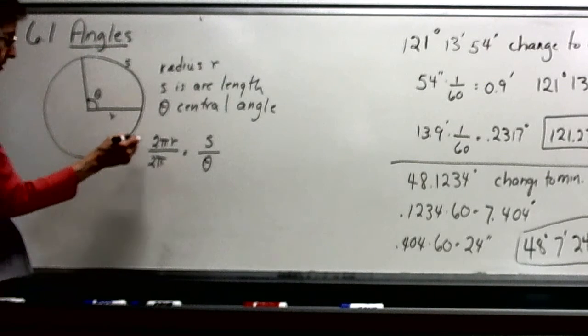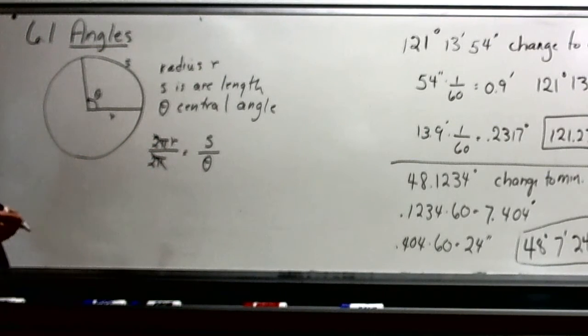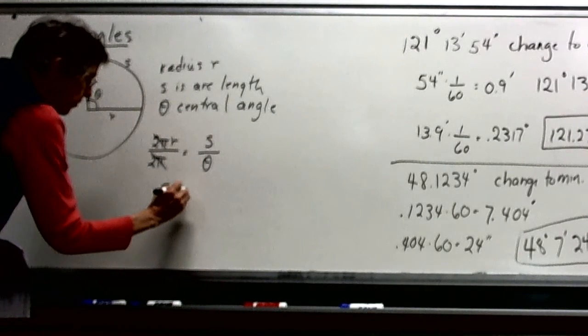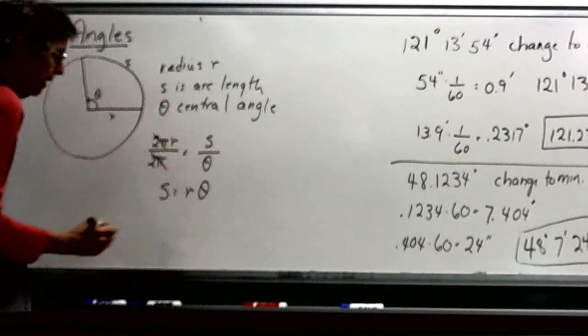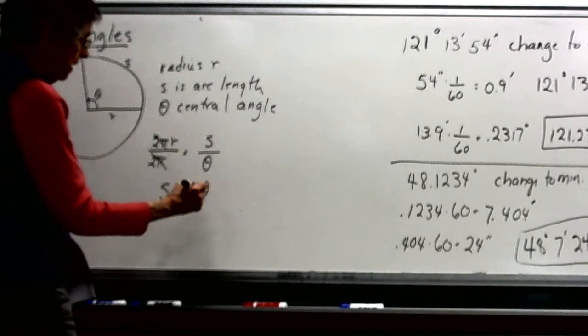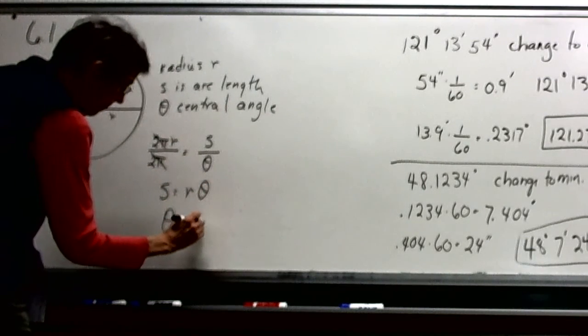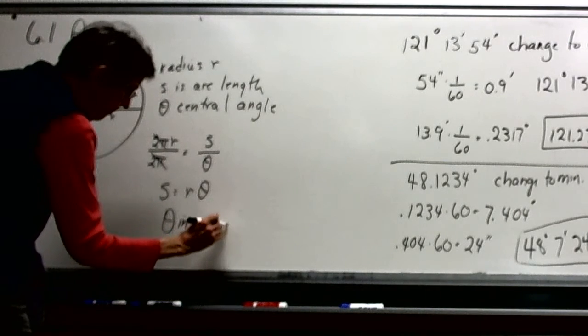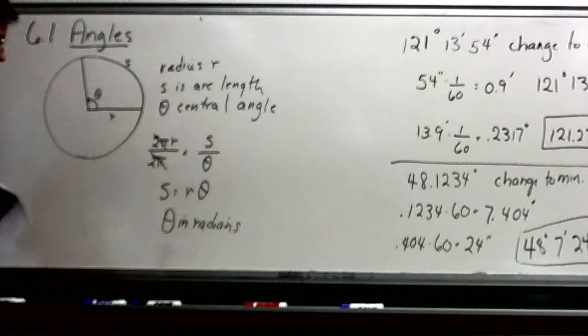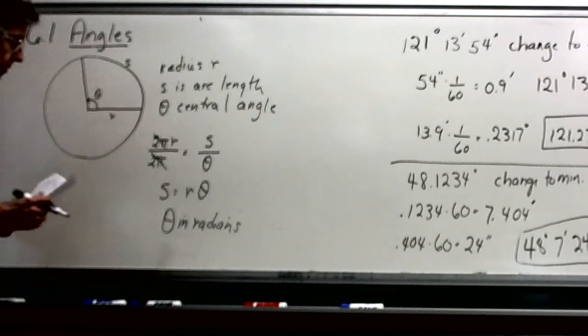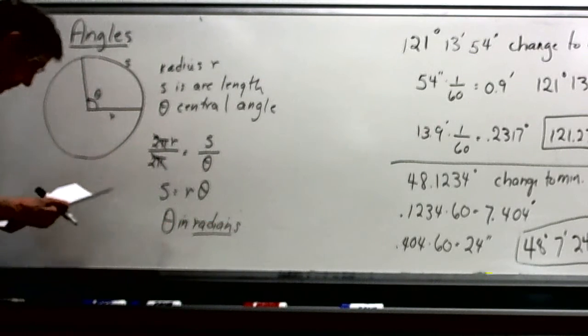And with a little algebra, we come out with a formula for the arc length: s equals r theta. But theta has to be in radians. So in order to calculate arc length, we have to have the central angle in radians and the radius.